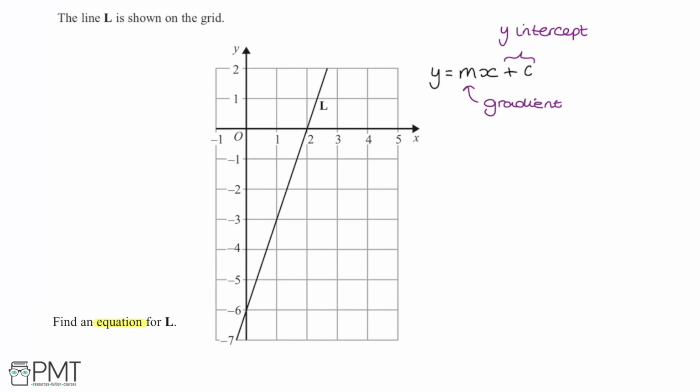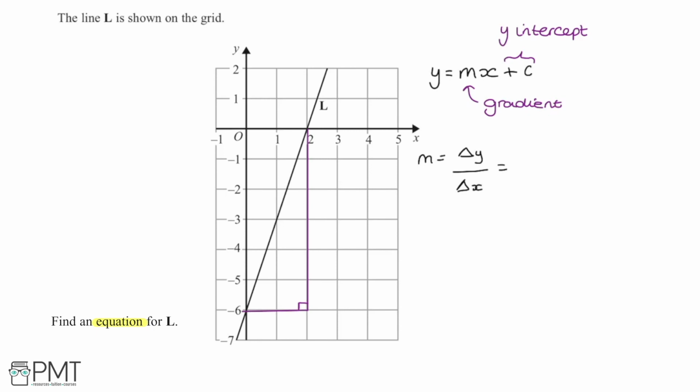So if I start by working out the gradient, m, we calculate the gradient by finding the change in y, so delta y, over the change in x for this straight line graph. Now I can do this by drawing out a triangle like so. It can be any size, just going between 2 points on the line, and it's a right angle triangle like this. So now I can look for the change in y and the change in x.